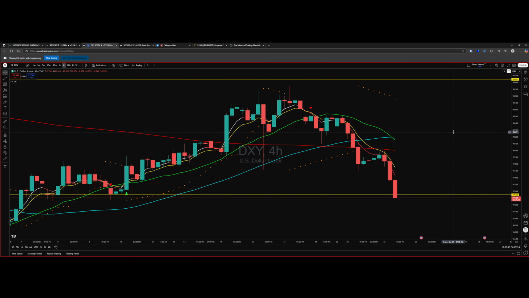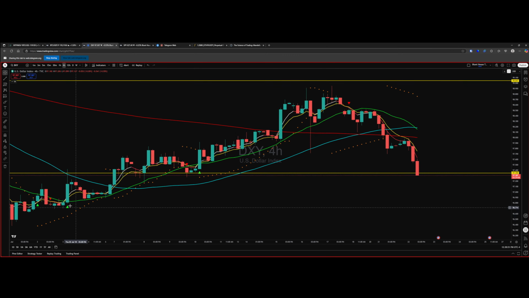It will eventually come back and test the 20 MA. And you can see how many times it's done that. So really, here's your first breakout. You do it here once, twice. You break but continue 3 times, 4 times, 5 times. The 6th time you've broken it. Sooner or later, you know you're going to fail it. And that's why you want to have your eye on those shorter time frames.